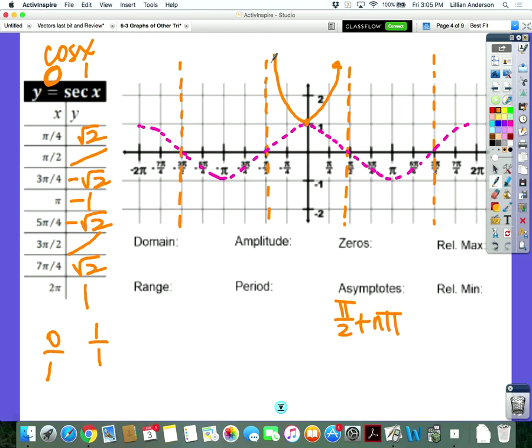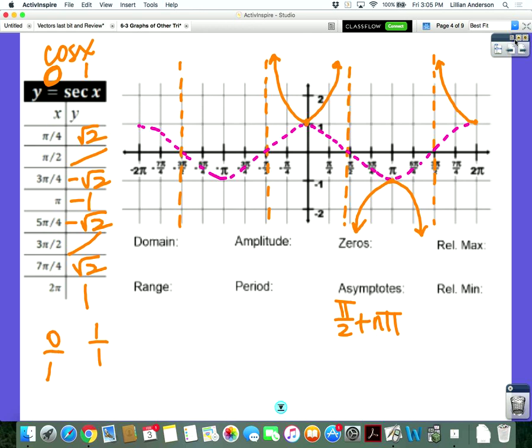Wherever there's a low point on cosine, there's a maximum on secant. It works the same way. Here's another high point at 2 pi. And clearly if I kept going, it would just be like that on the other side. So again, wherever there's a low point, there's a maximum. Where there's a high point, there's a minimum.